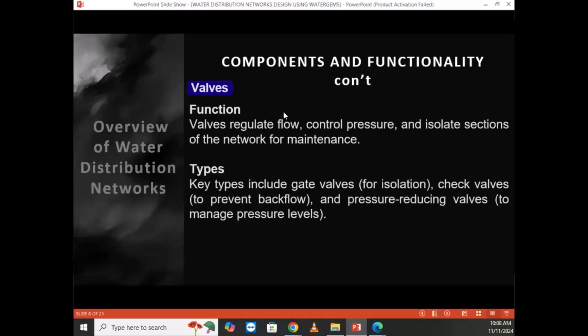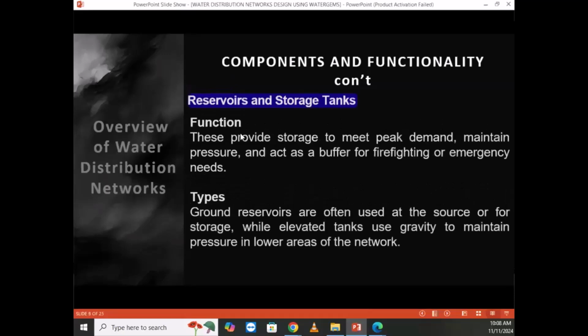So we will see most of the time flow control valves and pressure reducing valves. The reservoir and storage tank, I already talked about. Most of the time it's recommended to put your reservoir or your storage tank at a high elevation.